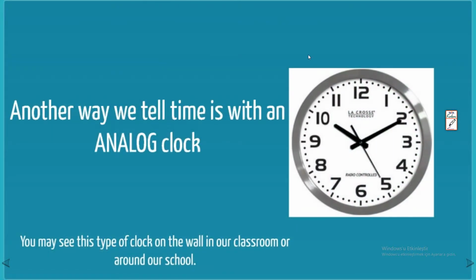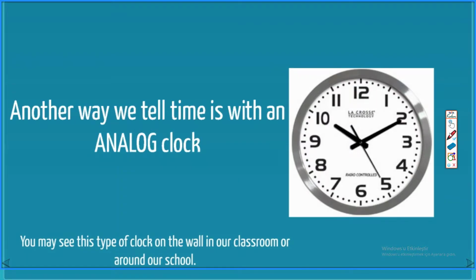Another way we tell time is with an analog clock. Yes, as you see, it is an analog clock. It's an old-fashioned clock, and you may see this type of clock on the wall in our classroom or around our school.